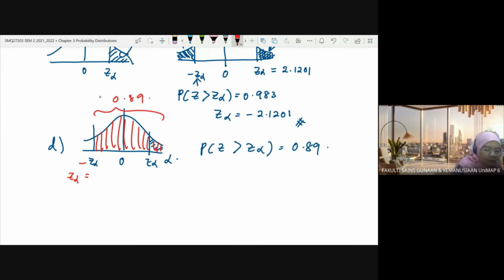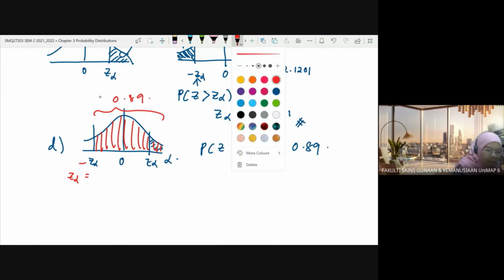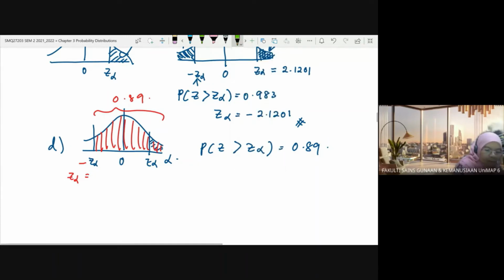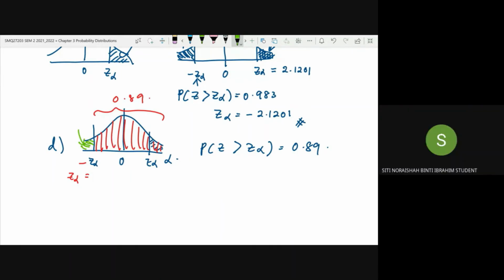So if the bigger area is 0.89, what is the smallest area here? Apa area yang ini, kelas? 0.11.